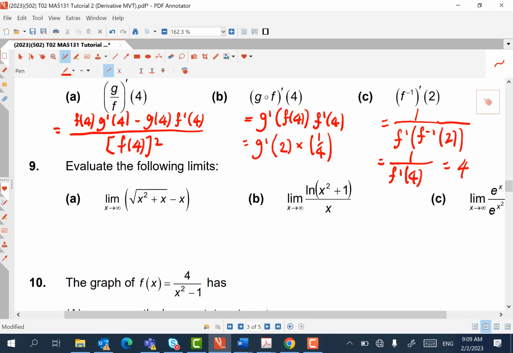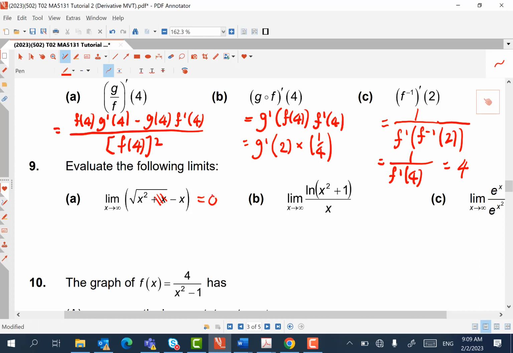Remember we were discussing the so-called shortcut way of doing things. This question 9A is going to show you that it doesn't work. If you were to conveniently say, because when x goes to infinity, this thing dominates over this, and therefore you remove this x and say the answer is 0, it's wrong, you know.